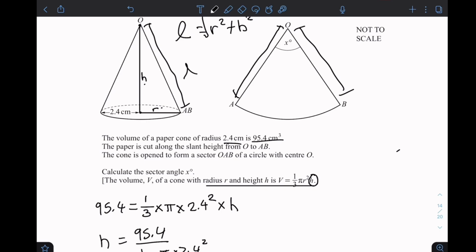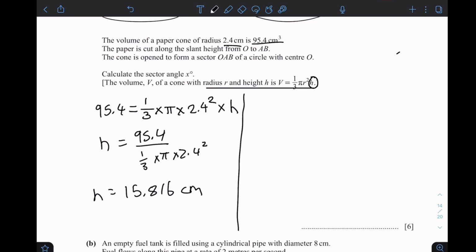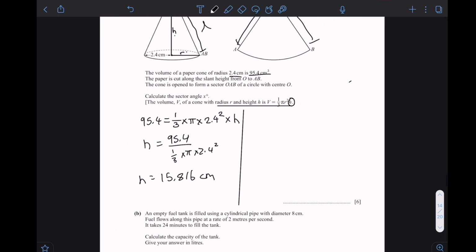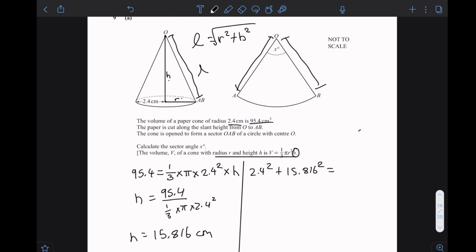So next, you can do 2.4 squared plus 15.816 squared is equal to L squared.